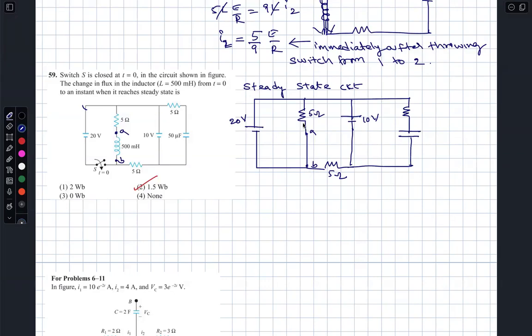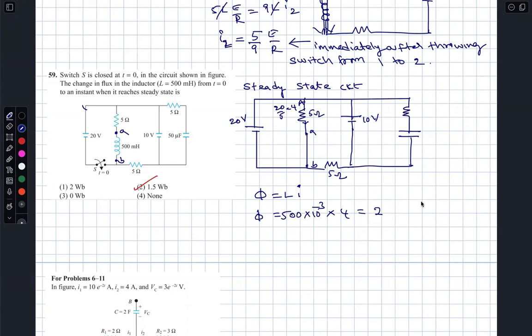And the drop across these 2 points will be 20 by 5, 4 amps. Now, therefore, flux is equal to L times I. Flux is 500 milli into current 4.